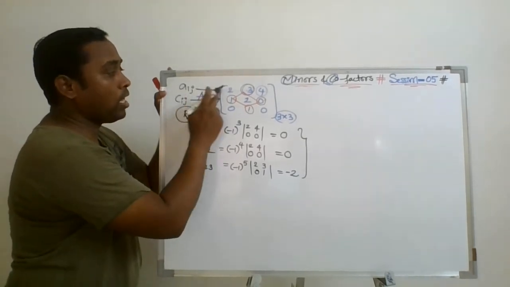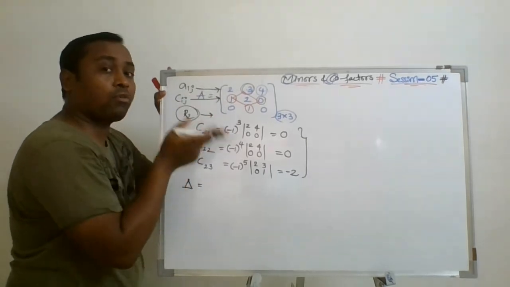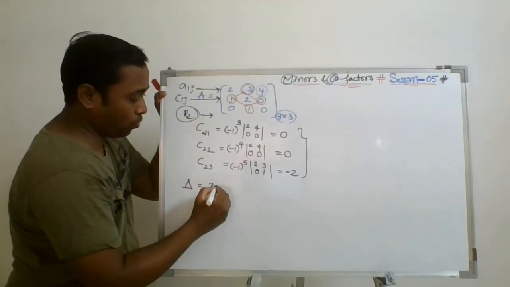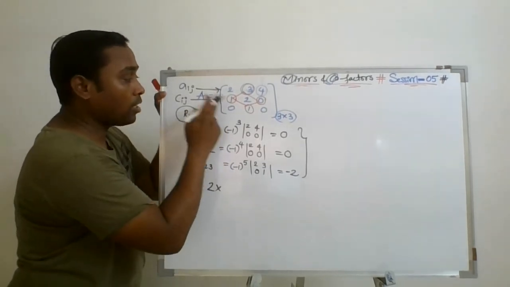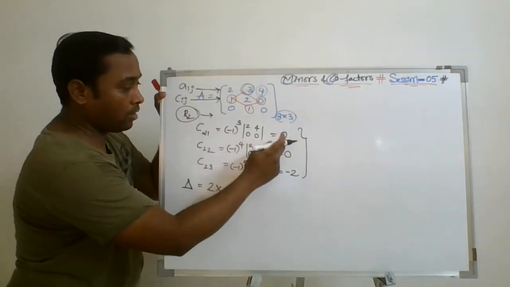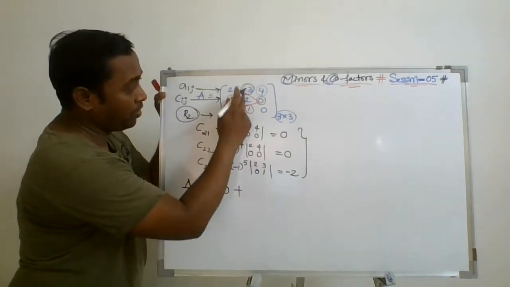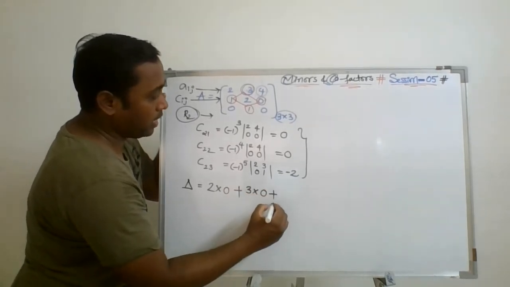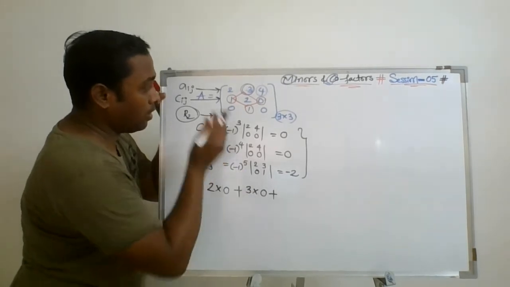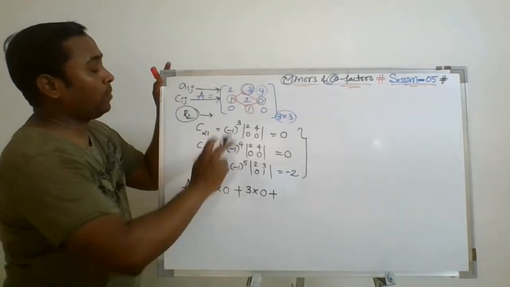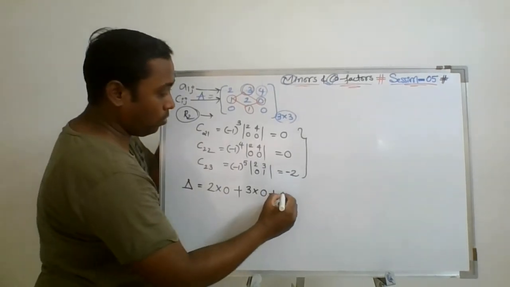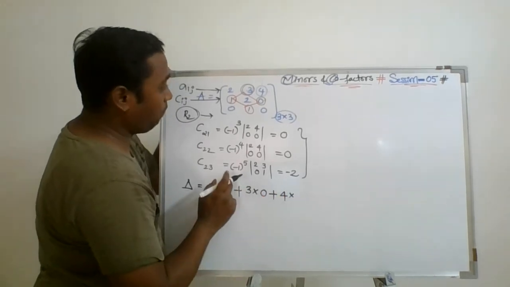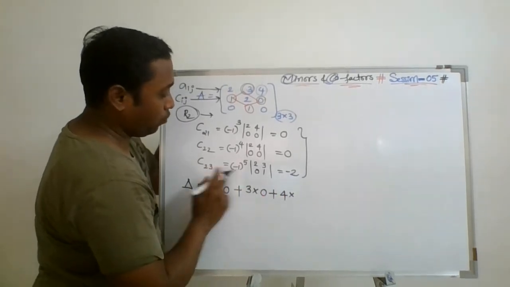Means I am multiplying the row 1 elements by the row 2 cofactors. So the row 1 element is 2, into its corresponding cofactor, which is 0, plus 3, the element of row 1, into its cofactor. Then here 4 is the element, right? So into the cofactor C23, it would be minus 2.